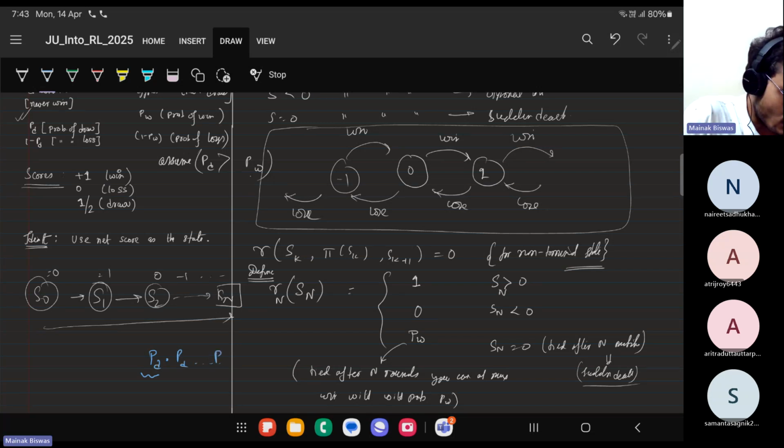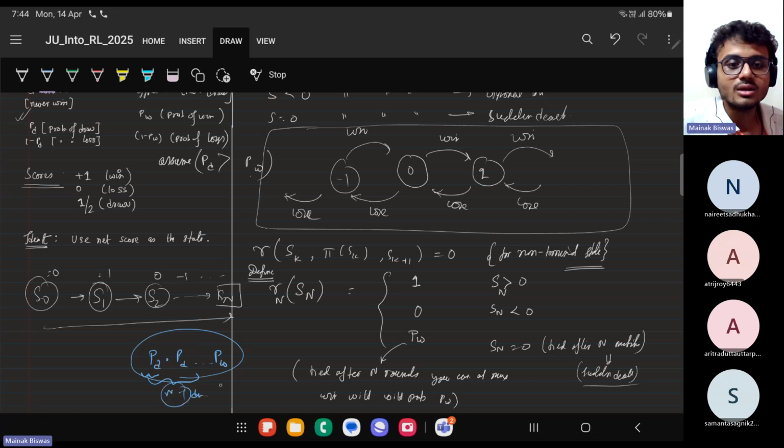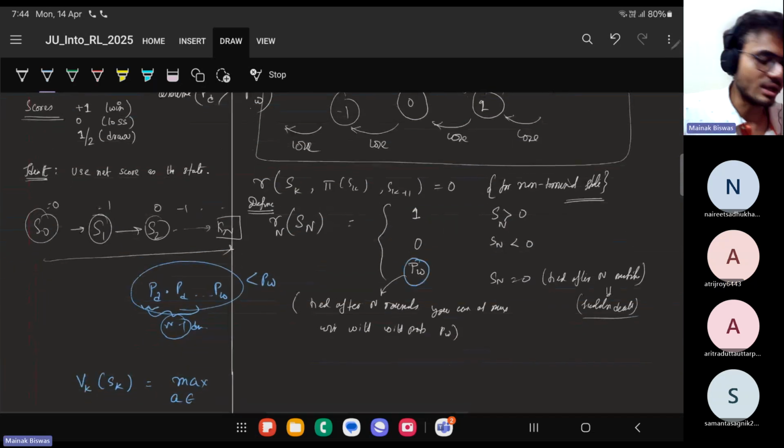Say at the end you play for a win and you win. So this is the probability that you are going to win if you play n-1 draws and then a win. So it's already less than PW, right? Because you're multiplying numbers less than 1. Oh, yes. So it's no use playing a draw strategy. That's what I was trying to say. So you always have to play a winning strategy.